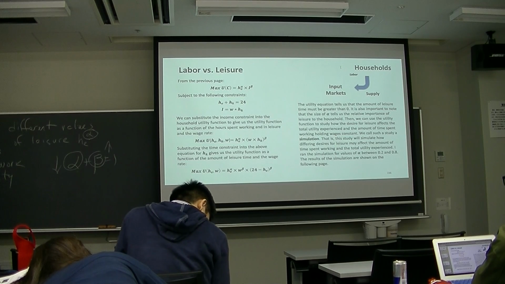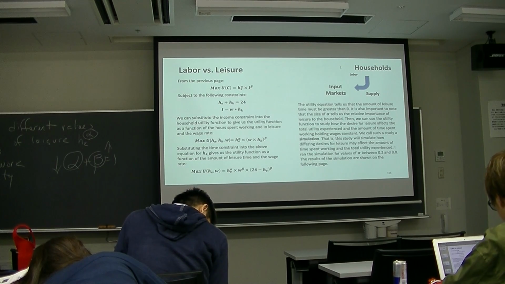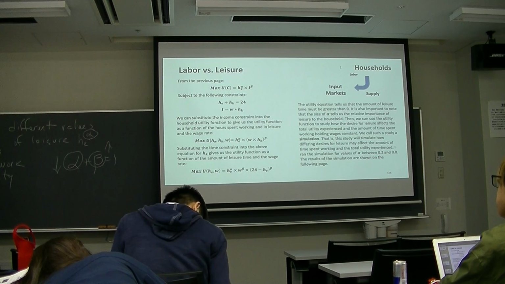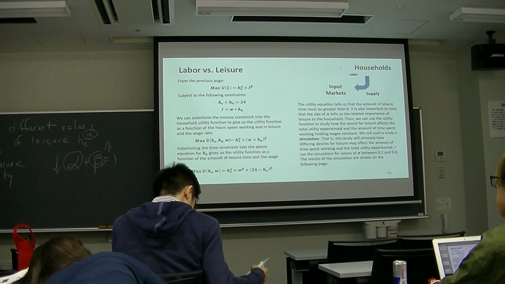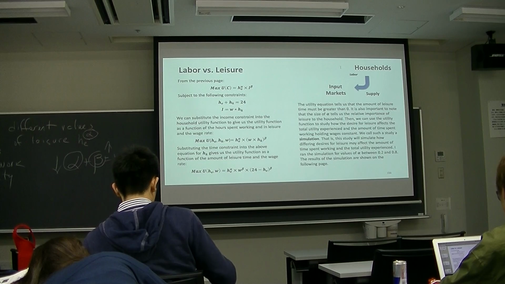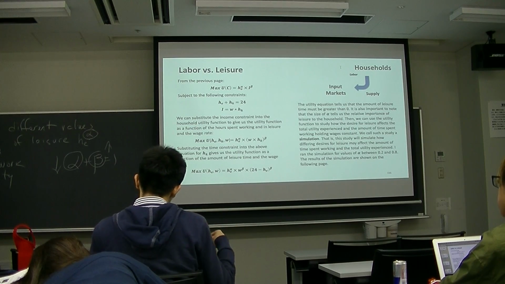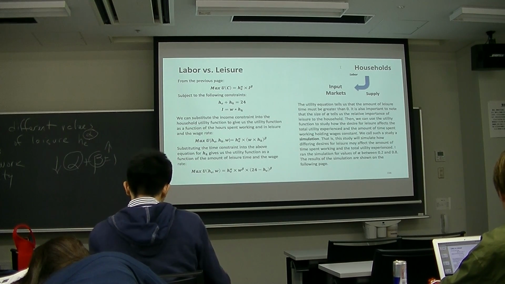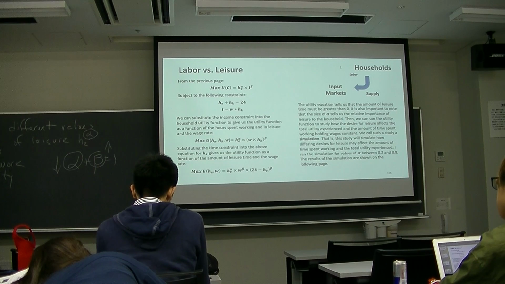So I ran the simulation for values of alpha between 0.8 and 0.2. A low value of alpha means a low value of leisure. These are people who don't value leisure very much, who want to work, who get a lot of satisfaction out of working, who want to make a lot of money, but they still have to have some time.